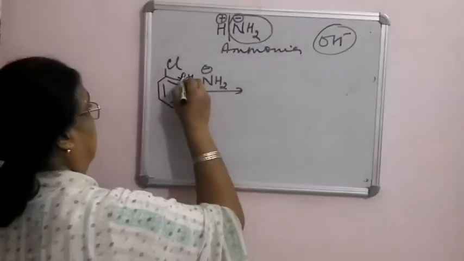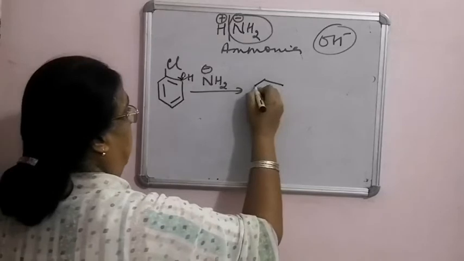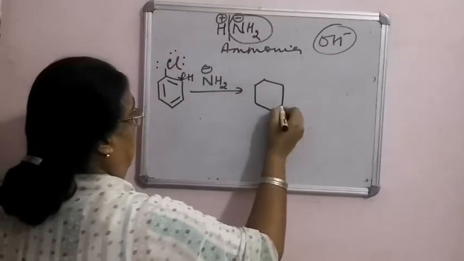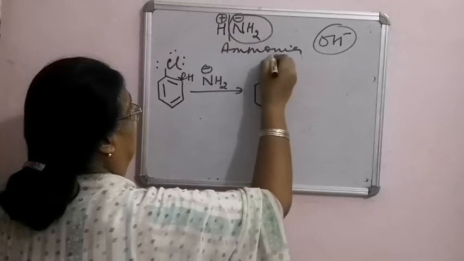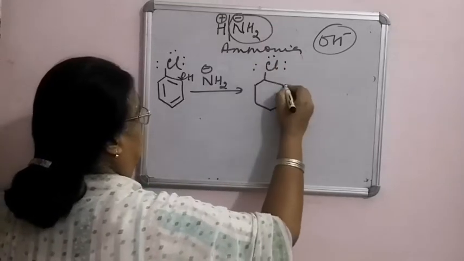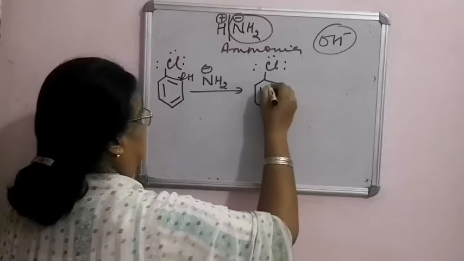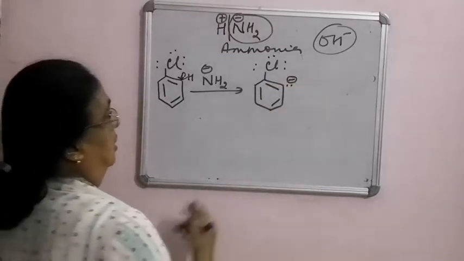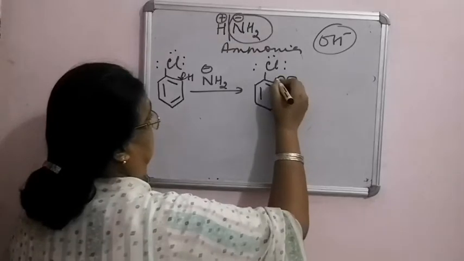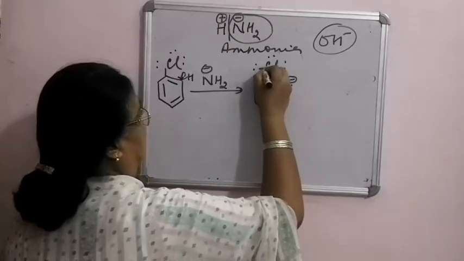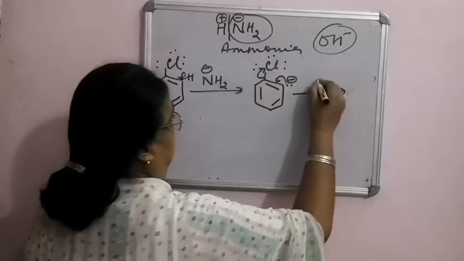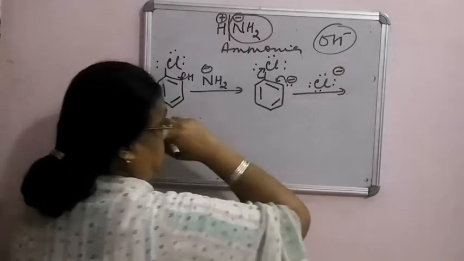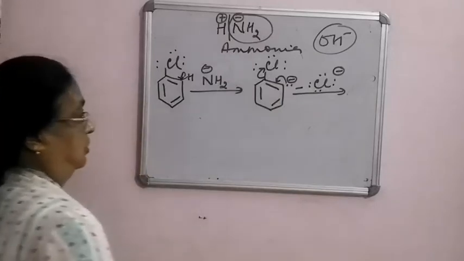Chlorine has 3 lone pairs, and here are lone pair and a negative charge. Because of the excess of electrons, this is transferred here, and the chloride ion with a negative charge will be out.